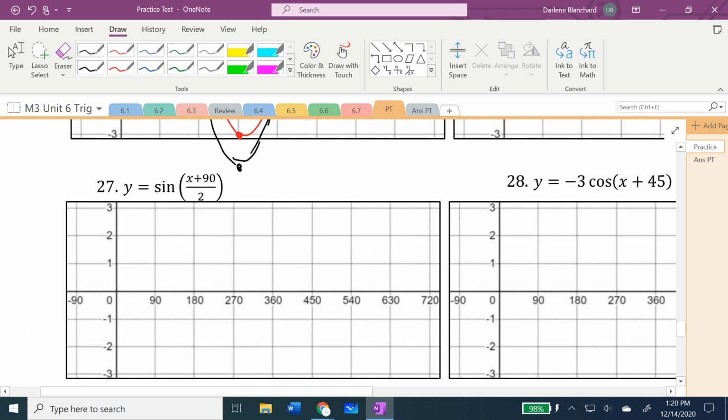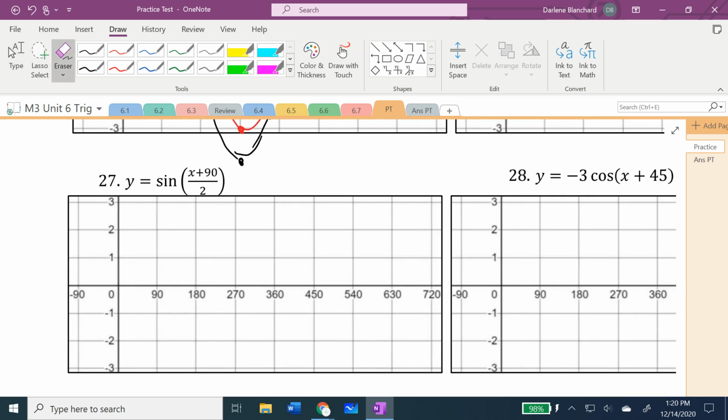Always deal with multiplication issues before addition and subtraction issues. I can see that I have a division by 2, but it is for the x. That means I'm going to take my regular sine function's x coordinates.